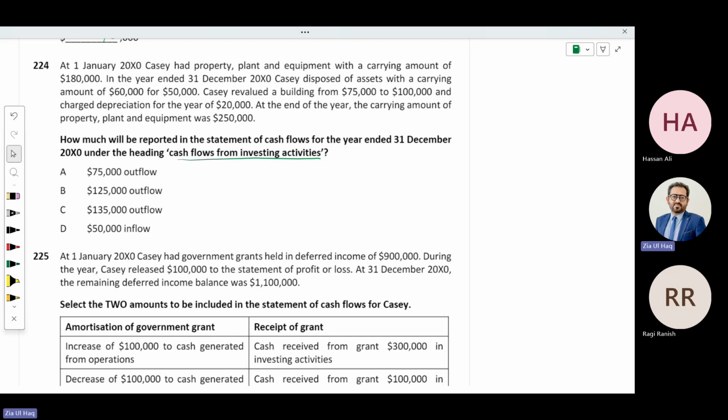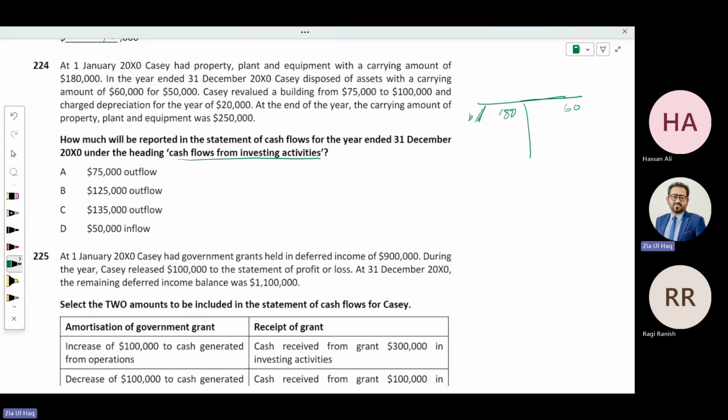On 1st January 20X0, property, plant and equipment with a carrying amount of 180 is the opening balance. In the year ended 31st December, they disposed of an asset with a carrying amount of 60 for 50,000. So disposal charge 60.